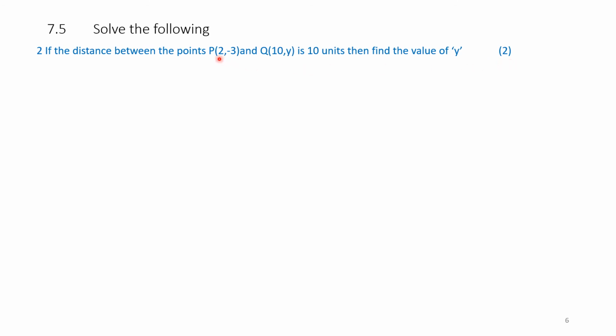P is (2, minus 3) and Q is (10, y). The numerical value of y is not given here, and we are asked to find the value of y if the distance is 10 units. We have to substitute these values in the formula.